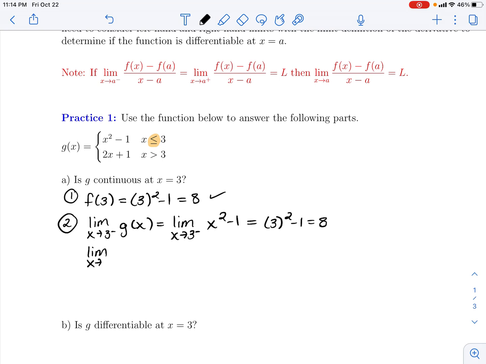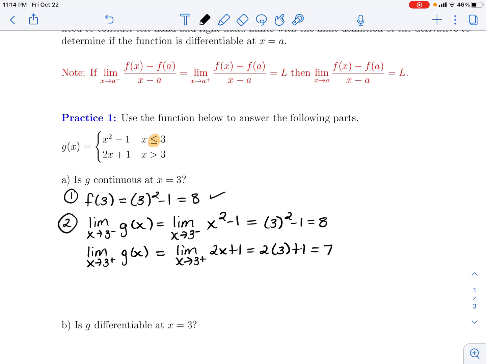Now I want to consider the limit as x approaches 3 from the right of the function, which means I need to use the bottom function. Plugging in 3 here, I get that this is 7.